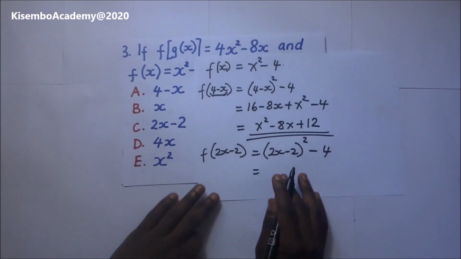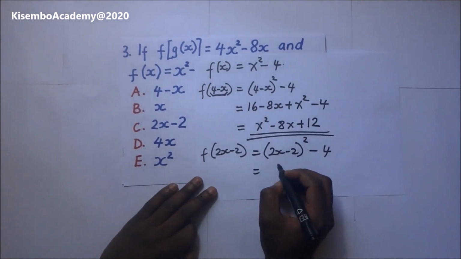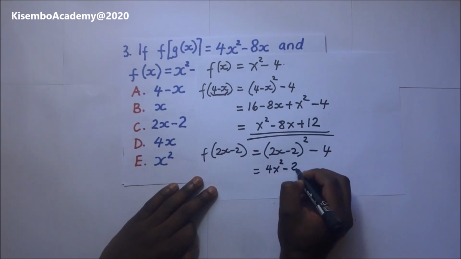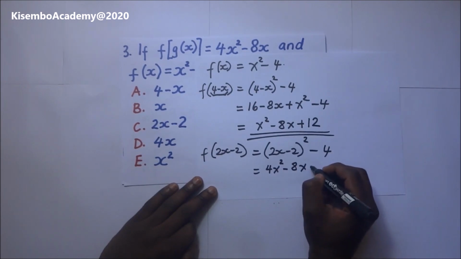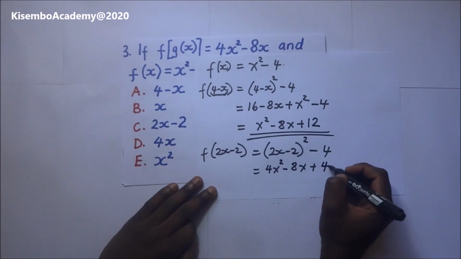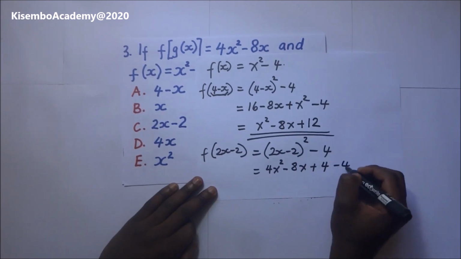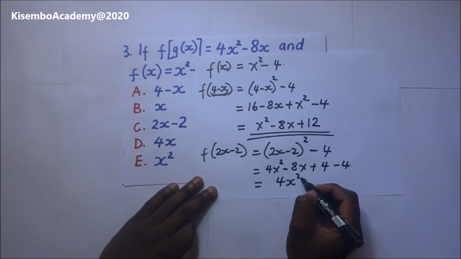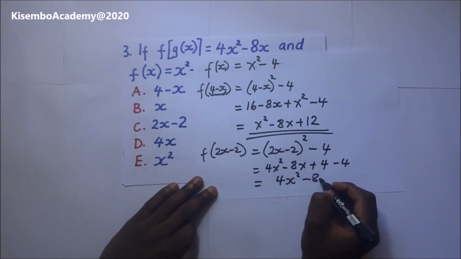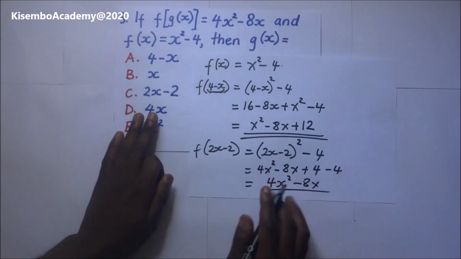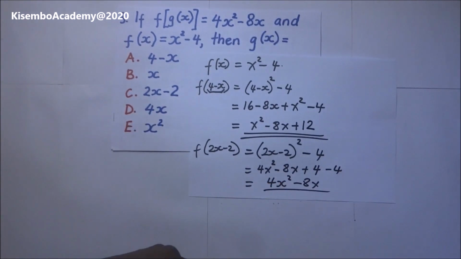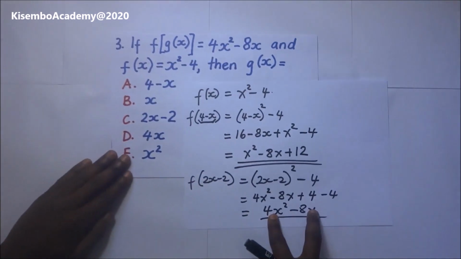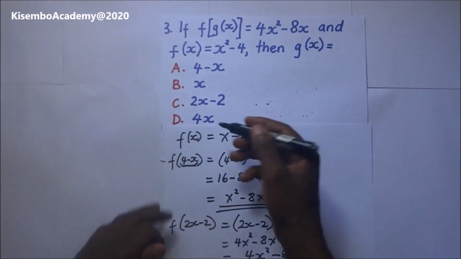Expanding this gives 4x squared minus 8x plus 4 minus 4, which becomes 4x squared minus 8x. This is consistent with the given expression. So the answer here is C.